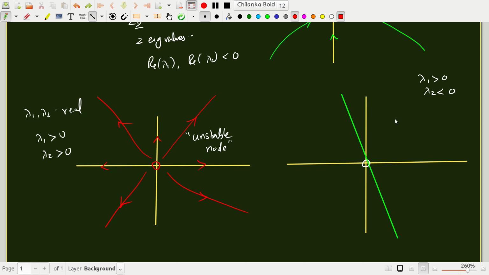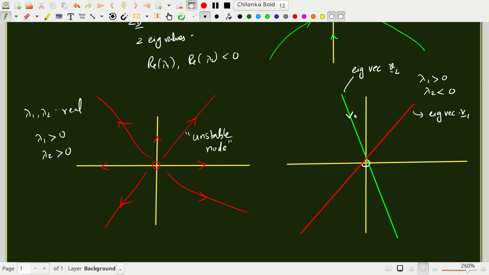Let's plot the unstable direction in red color. This is the eigen direction, or eigenvector, corresponding to lambda 2. Let's call this eigenvector v2. This is the eigenvector corresponding to lambda 1. This is the eigenvector v1.